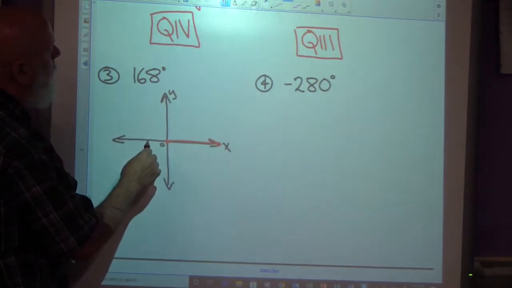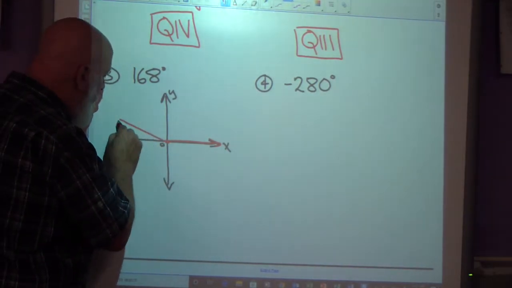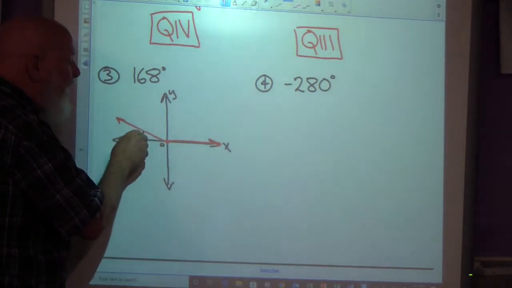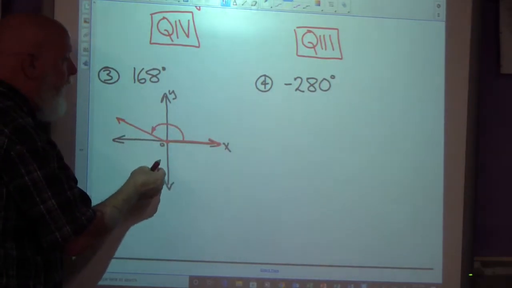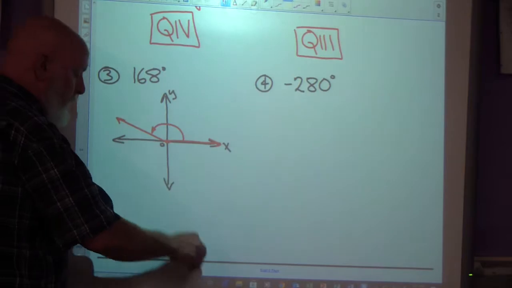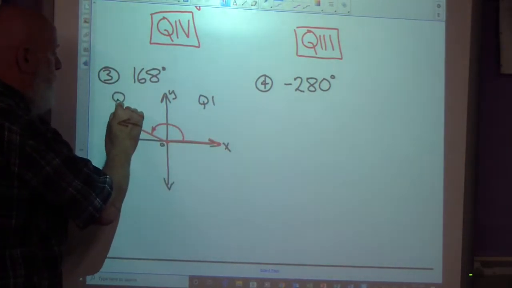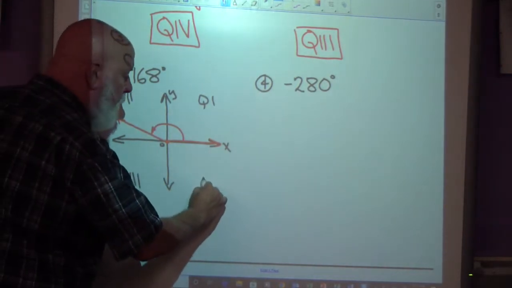It's going to be 22 degrees from a full 180 degree rotation. So something like this. It doesn't have to be perfect, but that's approximately 168 degrees, and that puts me in quadrant 2. Here's quadrant 1, quadrant 2, quadrant 3, and quadrant 4.